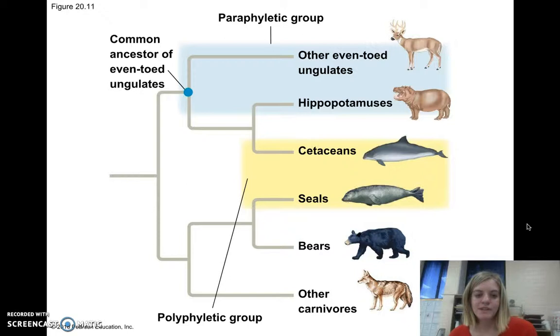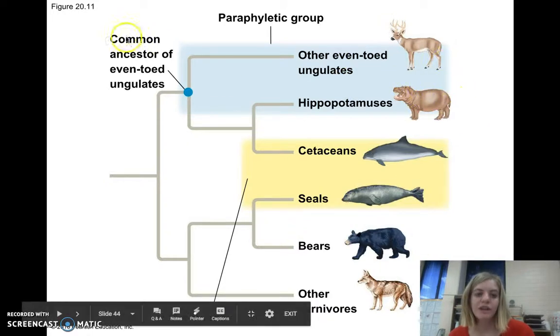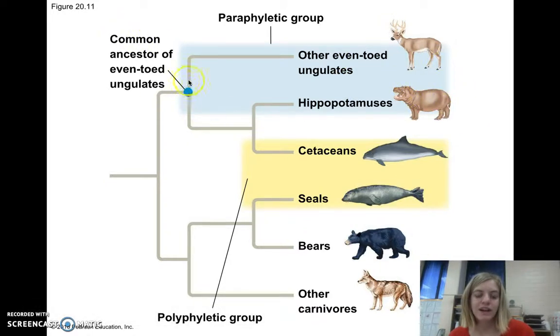This shows us some different groups here. So we can see this shows us the evolutionary relationship between even-toed ungulates as well as a lot of other creatures. So interestingly enough, even-toed ungulates include organisms that have an even number of toes.